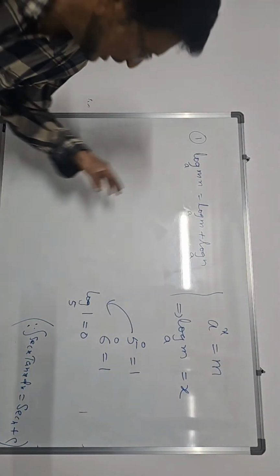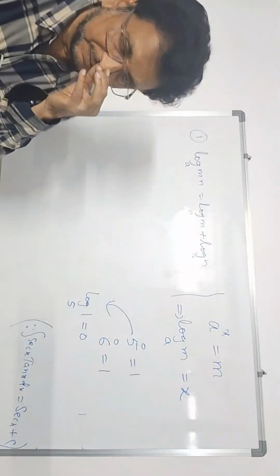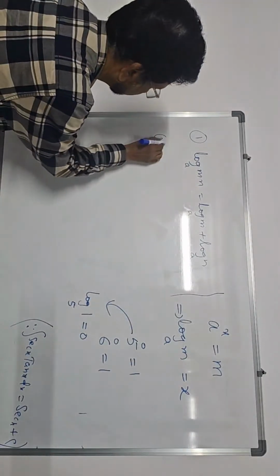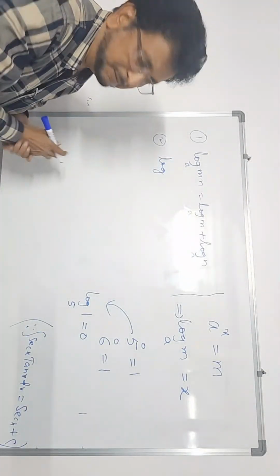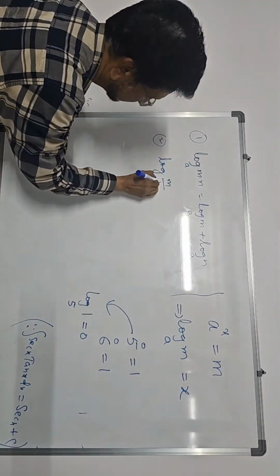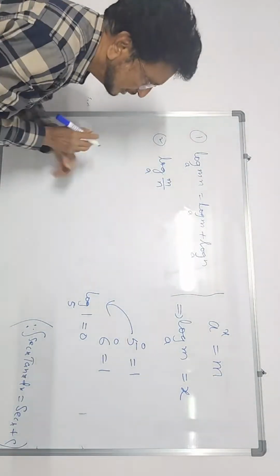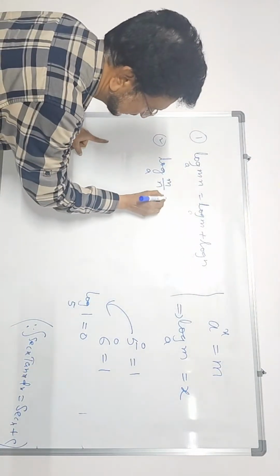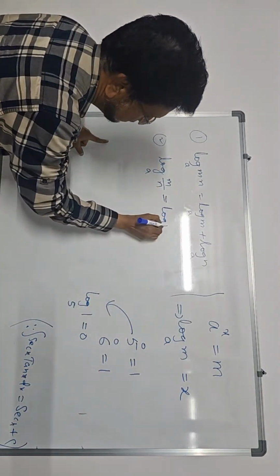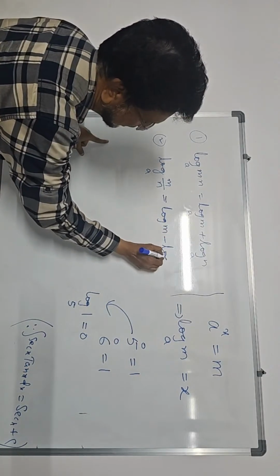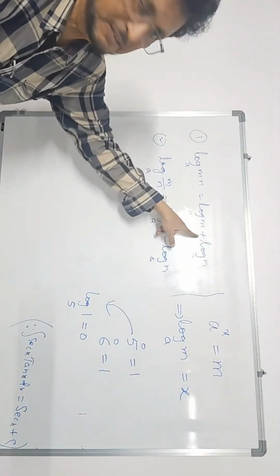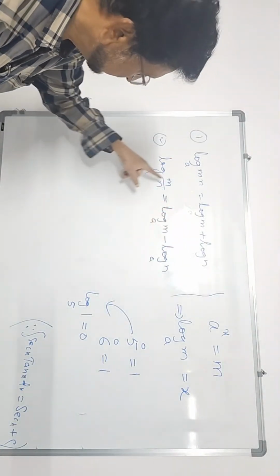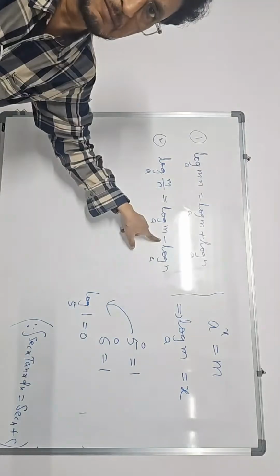All logarithms are having the same base. Second formula: instead of m into n, I will take m by n. Base is same. Instead of plus, you have to take minus. Log m minus log n. If m into n is there, we get plus in the formula. If m by n is there, we get minus in the formula.